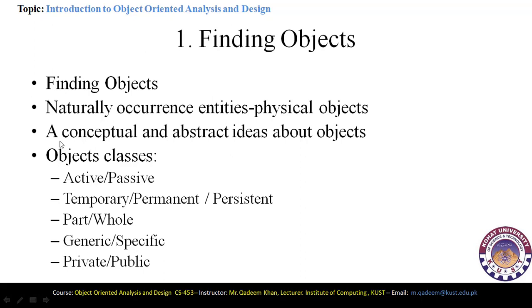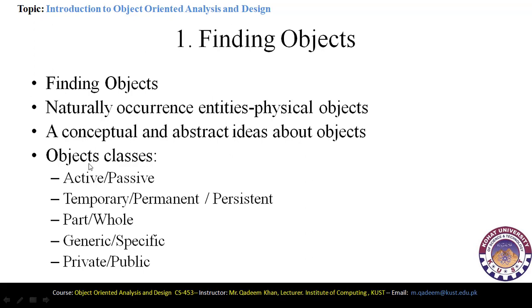The next one is the conceptual and abstract idea about the objects. Here, we will make up our mind about the existence of the objects, what the objects are, what their attributes are, and how they will perform or solve the particular problem.